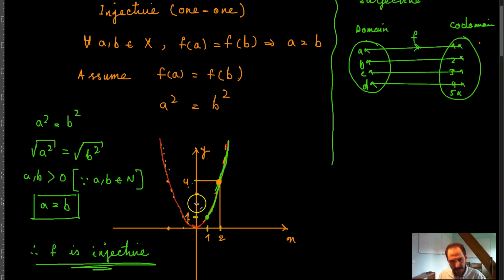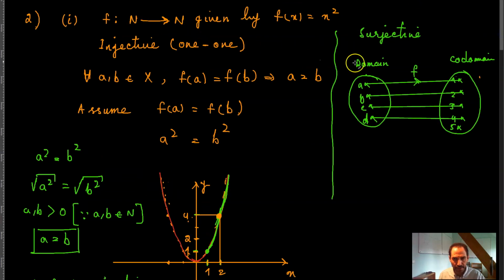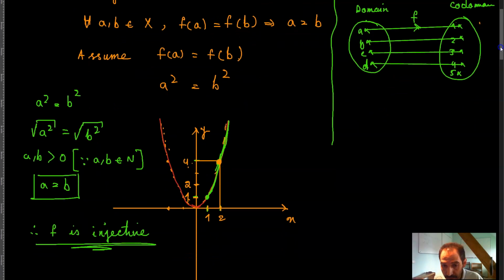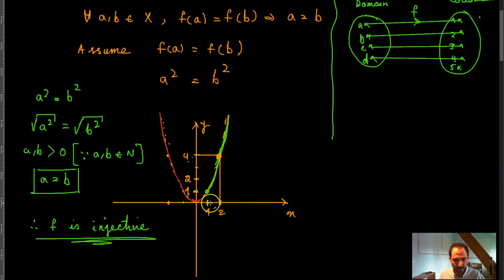Now you can see that the element 2, which is a part of the codomain, has not been mapped to from anything, because we are working with the set of natural numbers, so in the set of natural numbers you have 1, 2, 3, 4 all the way up to infinity. Between 1 and 2 I have no elements here, meaning that 1 is mapped to 1, 2 is mapped to 4. So nothing is mapping to 2 or 3.